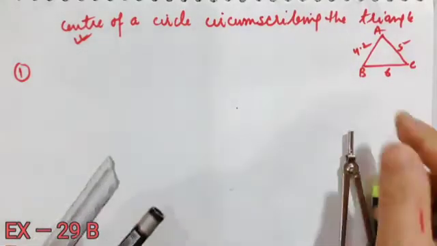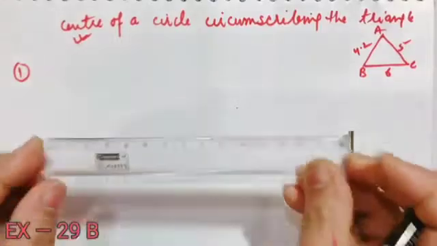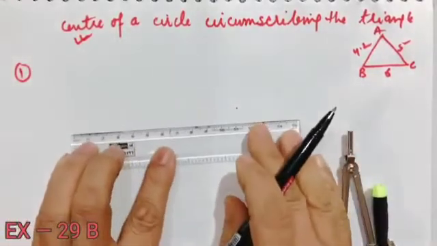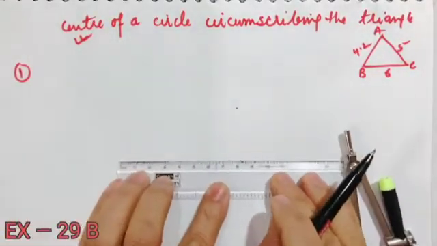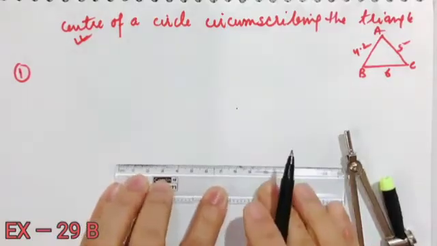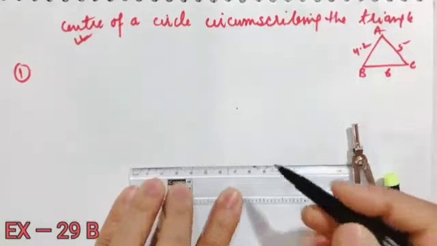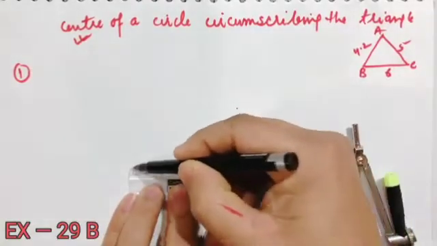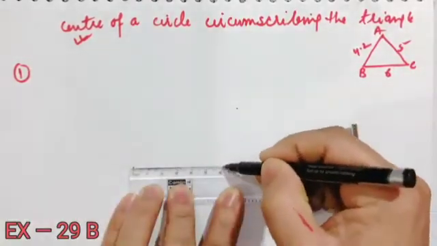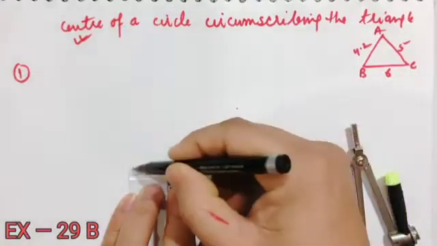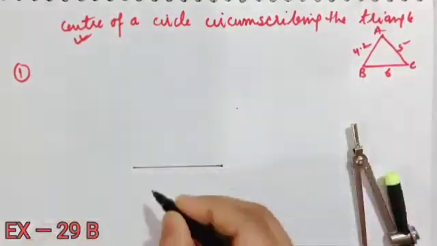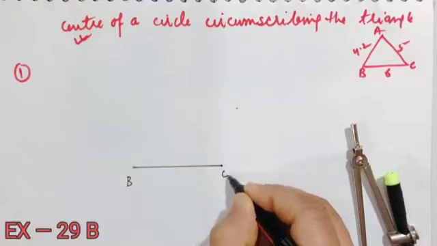How to draw BC first? You know, you will take a scale, put it over here. मैं यहाँ पे डालूँगा और BC को 6 सेंटीमीटर मैं लूँगा. Okay, so put a point over here, and then we will join this. So this is your BC मैं बना लिया.